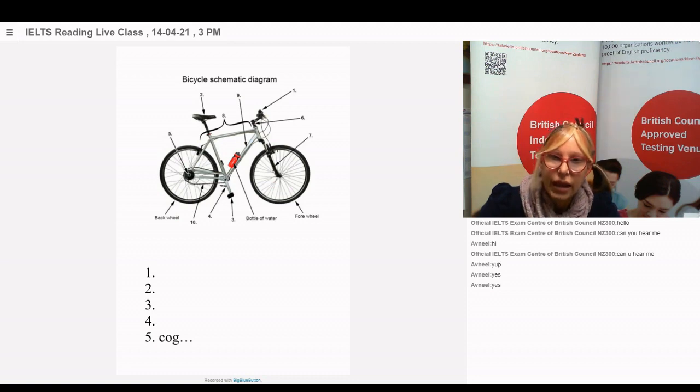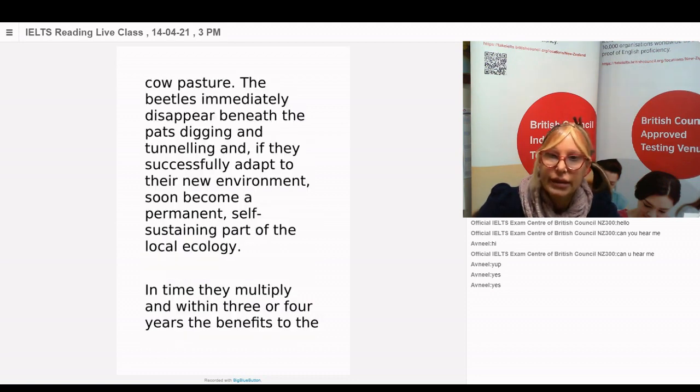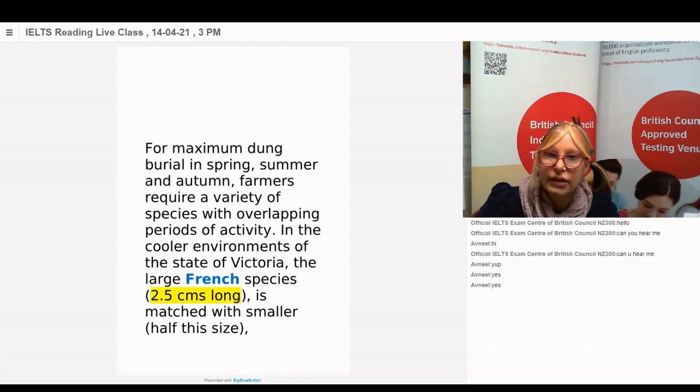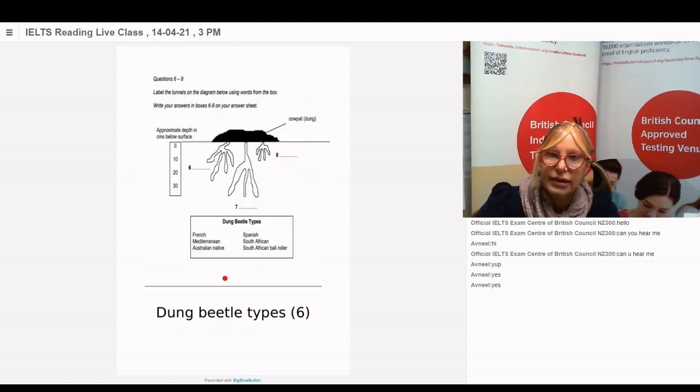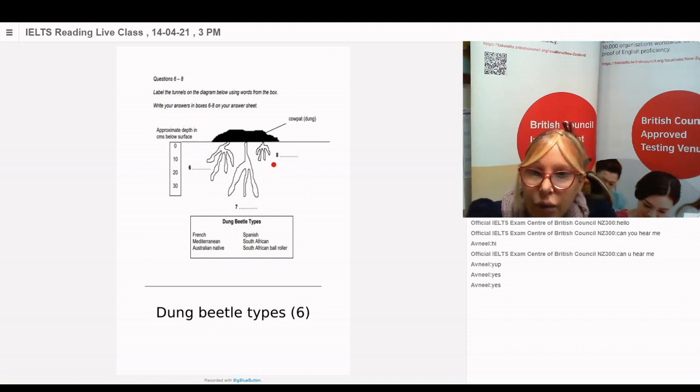And the last diagram I want to show you is this one, where we've got just 3 parts that we need to label. So number 1, number 2, and number 3. It's very hard to see. I'm sorry. It's the type of document that I've used from the internet.